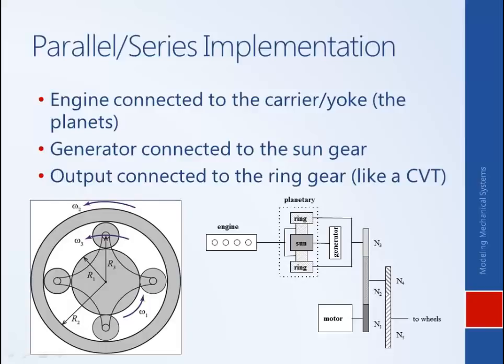And so in that series architecture, that multi-form conversion, going from mechanical to electrical and then from electrical back to mechanical, caused unnecessary efficiency losses. Every time you did a conversion, you lost energy. But in this situation, you can operate the engine in its most efficient region without having to do that multi-form conversion, because the engine is mechanically connected to the output. You don't have to convert it to electrical and then back to mechanical.